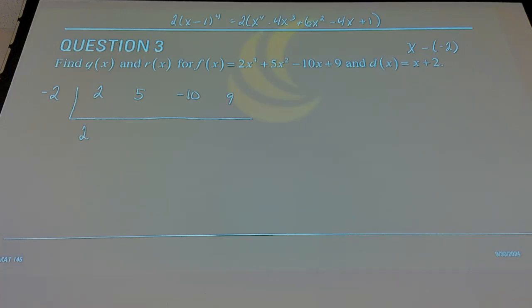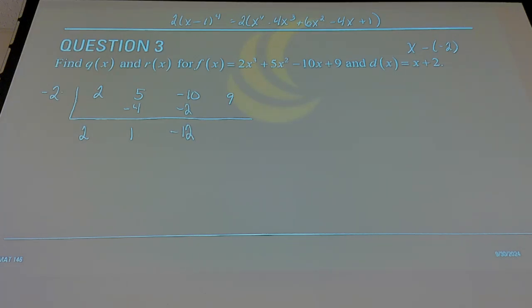First coefficient drops down. Multiply that by negative 2. What do you get? Add them. Multiply by negative 2. Add them.